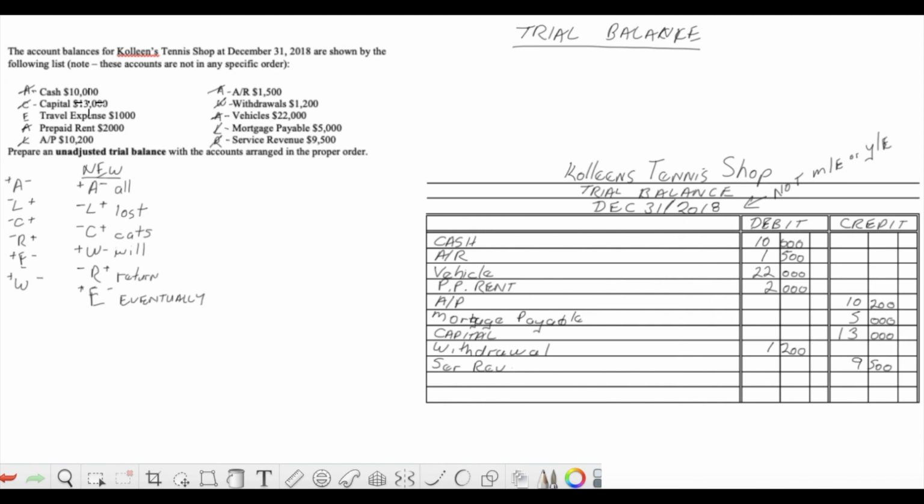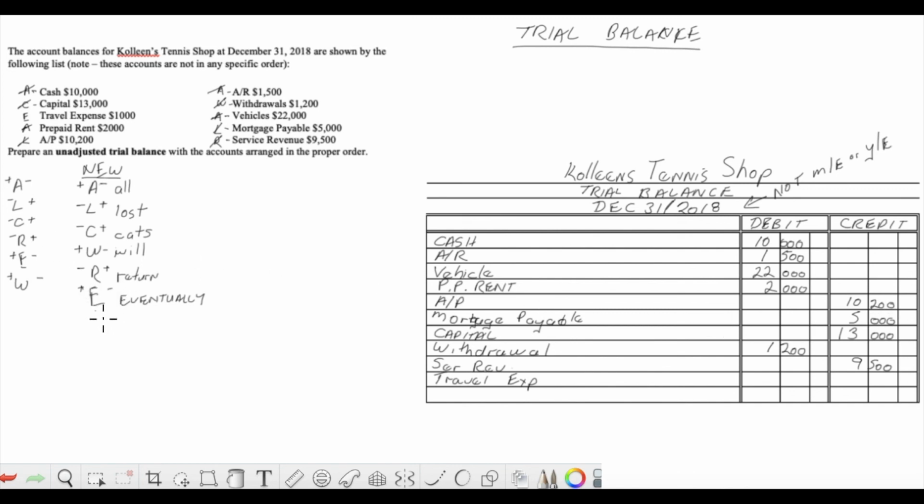And what's the last one here? Expenses. E, eventually. So we need to do expenses. So what was it? A travel expense? Does it go on the right-hand side? Because we need to know, is it debit or credit? We tend to always want to think that it goes on debit because we always think positive on this side, negative, and that's not the case.